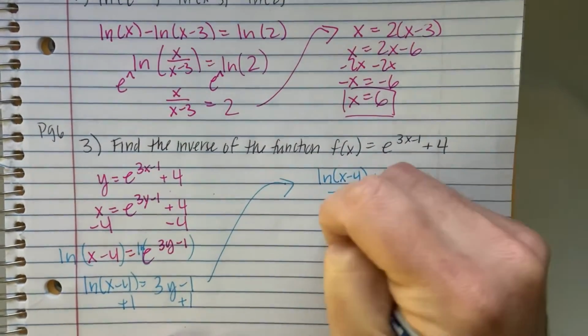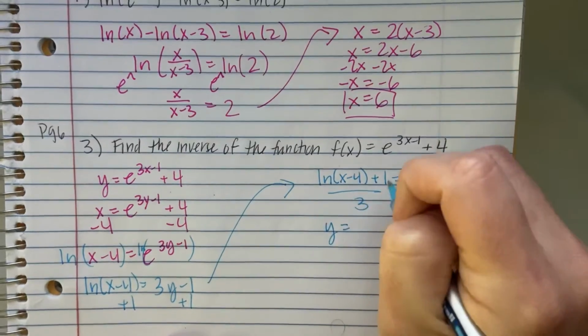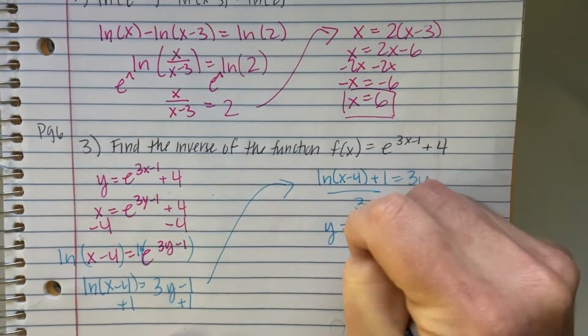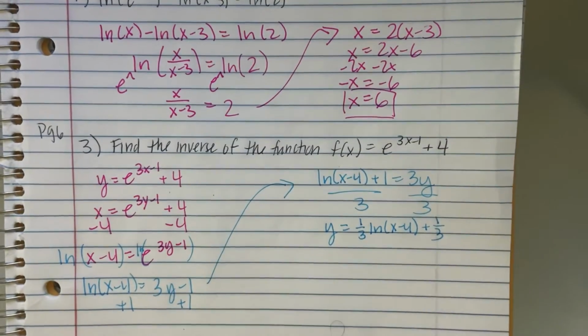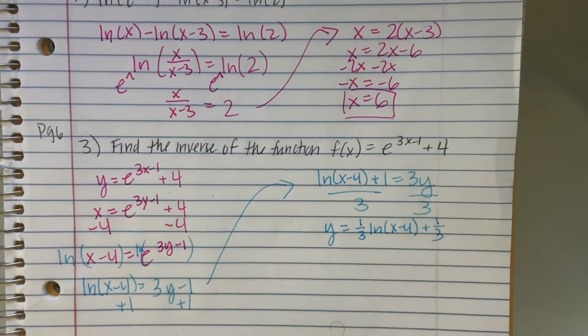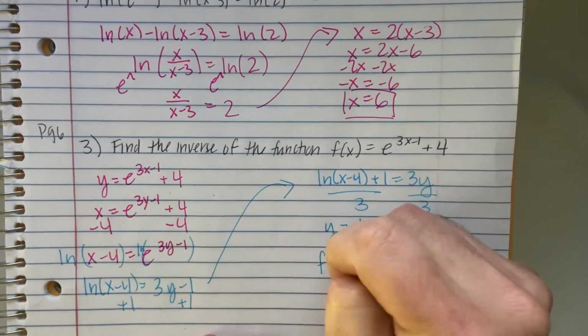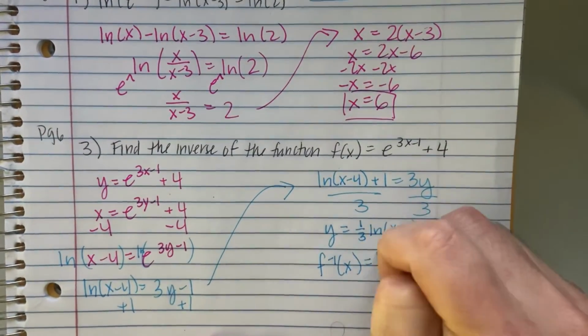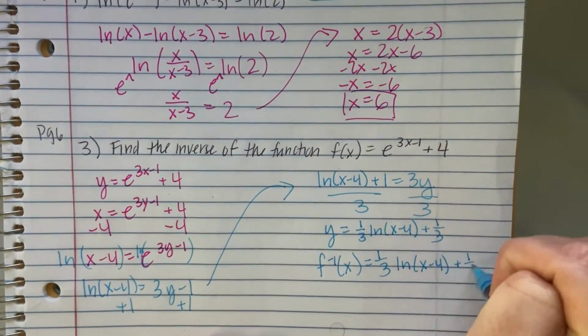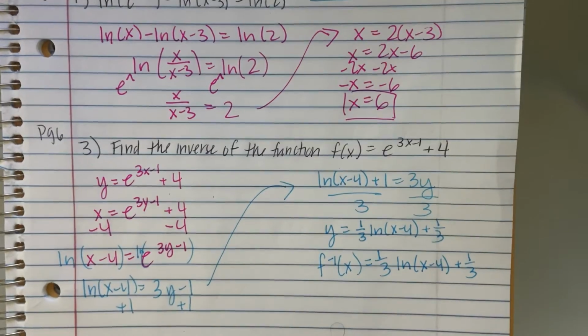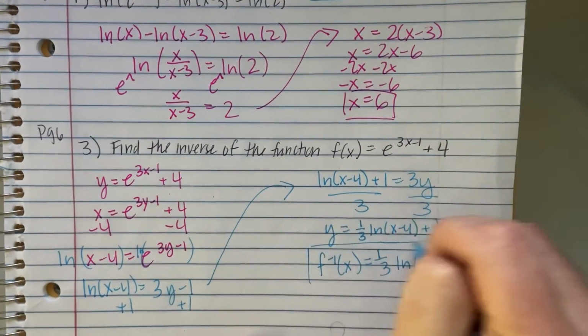So we've got y equals, I'm going to write this as 1/3 the ln of x minus 4, plus 1/3. Just distribute the divided by 3, I like it better that way, but if you leave it all over 3, that's fine. Remember, y then becomes f inverse of x equals this thing. And that's all she wrote.